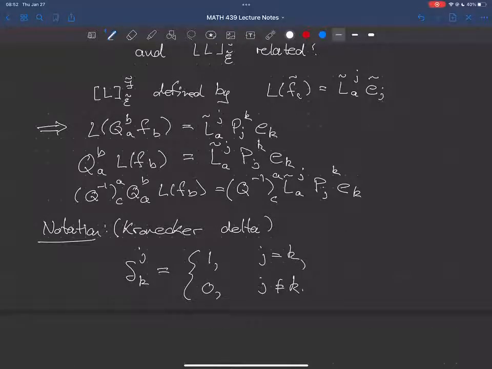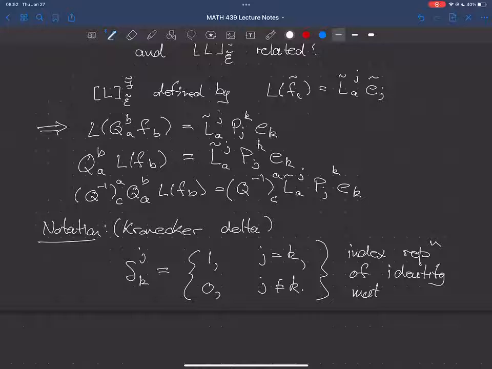So this is the index representation of the identity matrix. This means that there are ones on the diagonal, where the two indices agree, and zeros everywhere else. So that's the identity matrix.